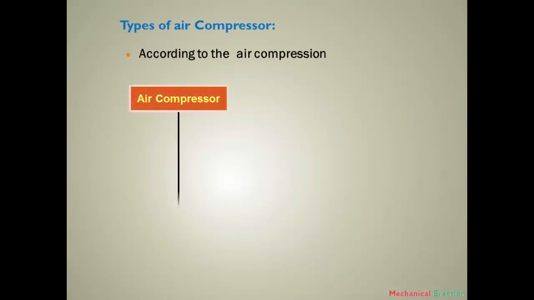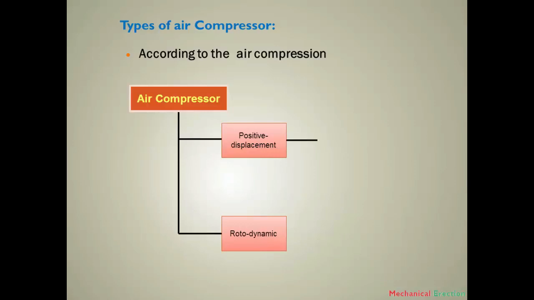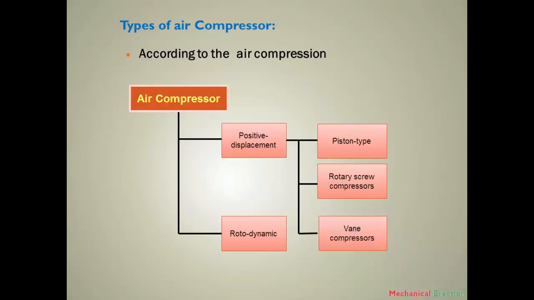Then the air compressor can be divided into two types: positive displacement air compressor and rotodynamic air compressor. Positive displacement air compressors may be classified into three types: first, piston type; second, rotary screw type compressor; and third, vane type compressor. This is the classification of compressors according to the pressure delivered, according to the design principle and operation, and according to the compression ratio.